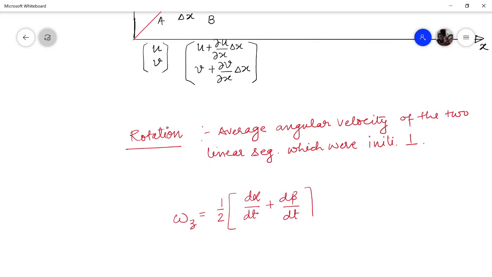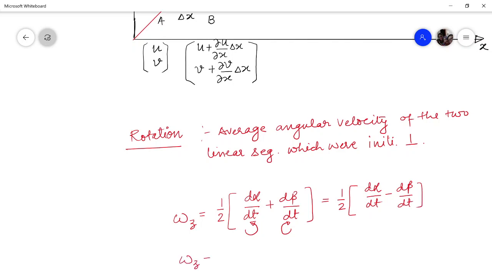But you should remember that d alpha by dt is counterclockwise and d beta by dt is clockwise. Therefore, with the sense of rotation that clockwise is negative and counterclockwise is positive, I can write this as 1 by 2 times d alpha by dt minus d beta by dt, so that everything is in a proper sense of rotation.